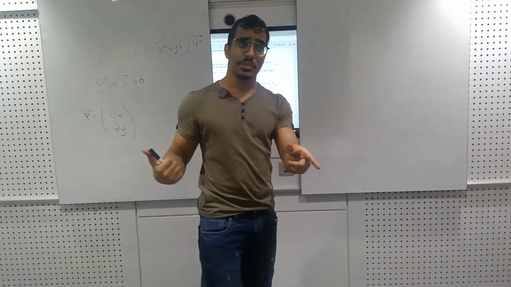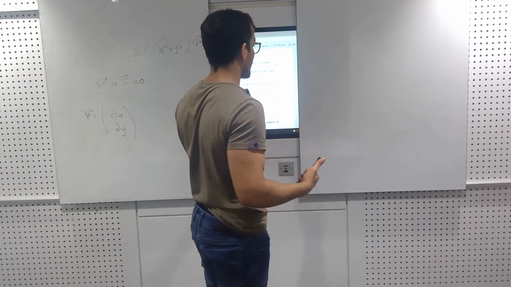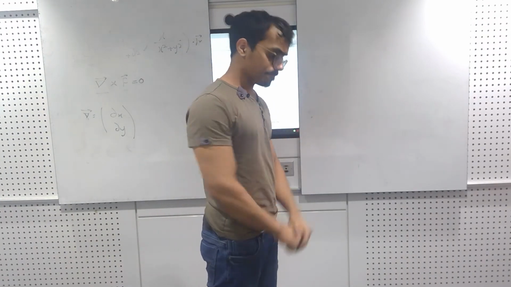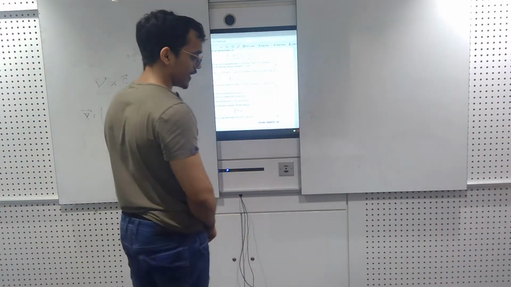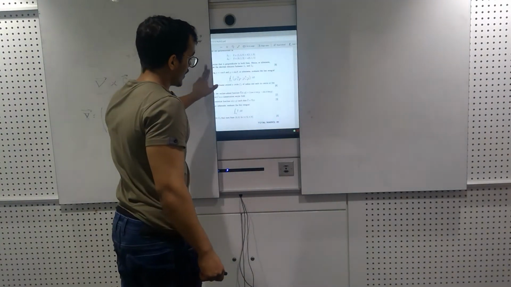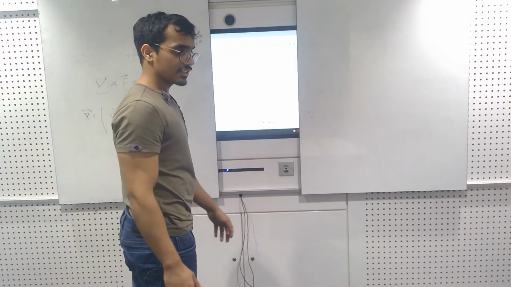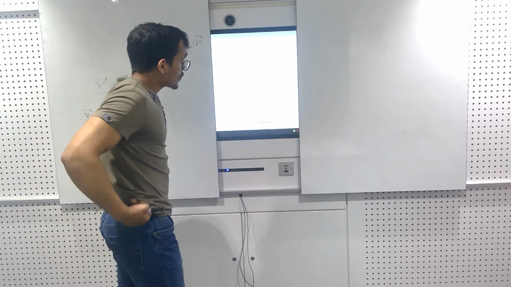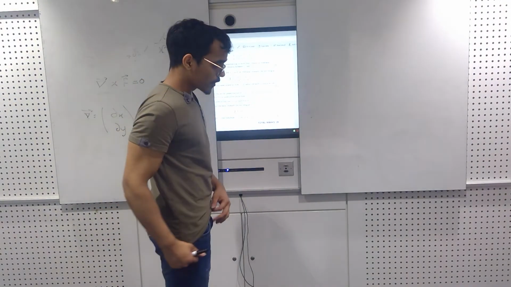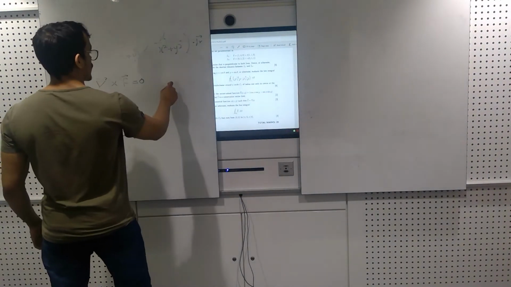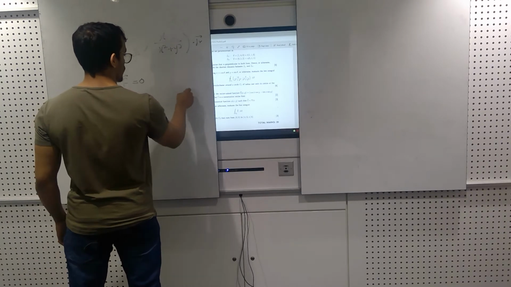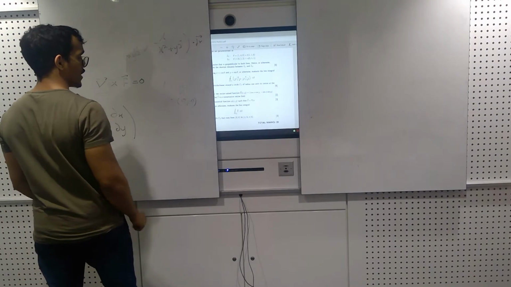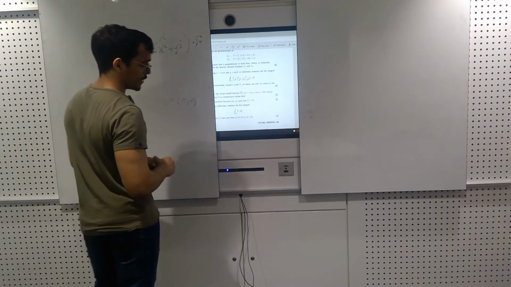But there's a second criterion. It must be over a simply connected region, in order to say that the line integral is equal to 0. However, in our case, it's not simply connected, because if you put x and y equal to 0, which means the origin, the function is not defined there.